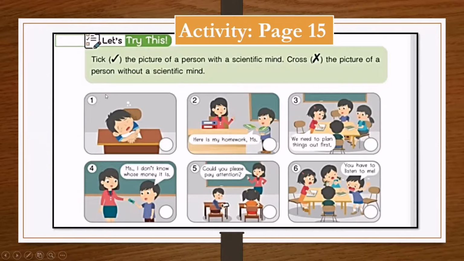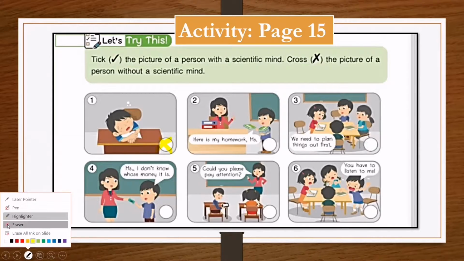Okay, so let's answer number 1. Number 1, what is your answer there? Okay, the boy is sleeping, right? Okay, so this is not a scientific mind. So you will write X there.